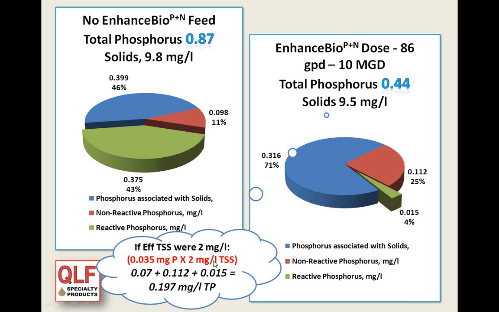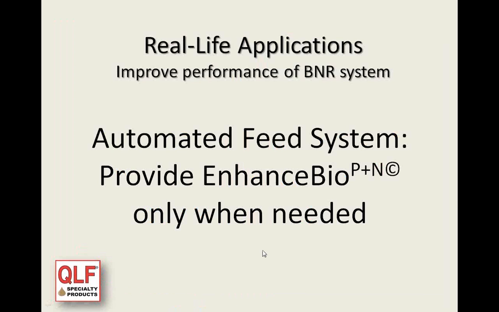So we took that times 2 milligrams per liter TSS, and that would give you 0.07 phosphorus associated with the TSS, versus this up here, 0.316. And you add the reactive and non-reactive, you end up with almost 0.2 compared to 0.44. So in this case, about 50% of the phosphorus in the effluent is related to the solids.